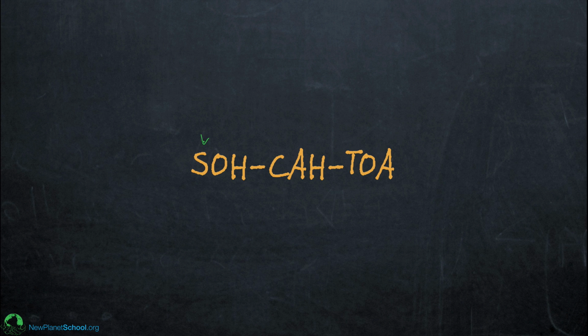So here we have sine is opposite over hypotenuse. And this is cosine is adjacent over hypotenuse, and tangent is opposite over adjacent.